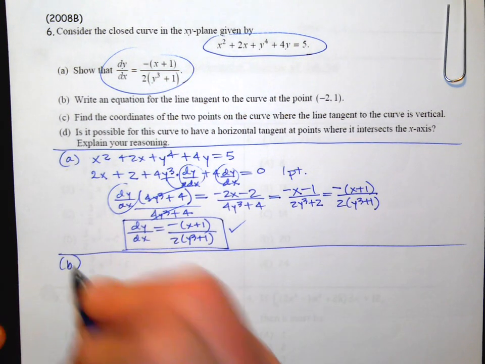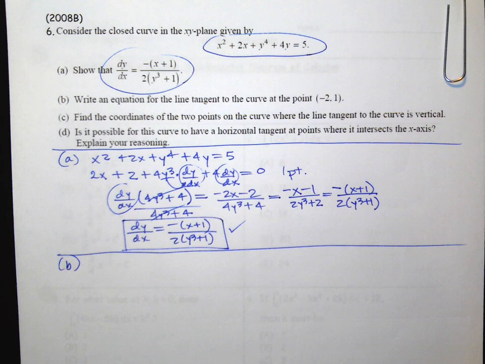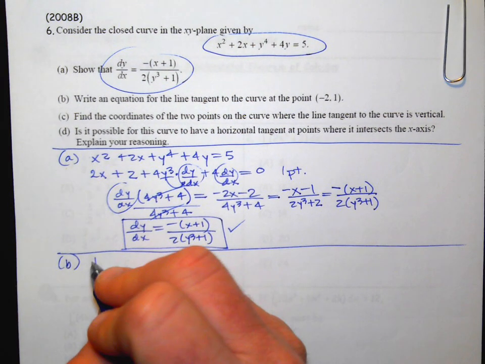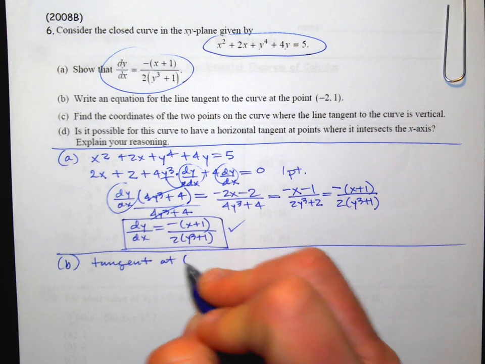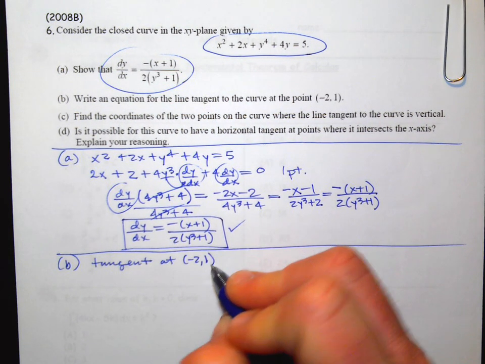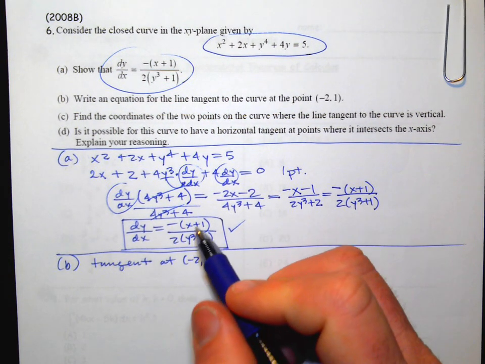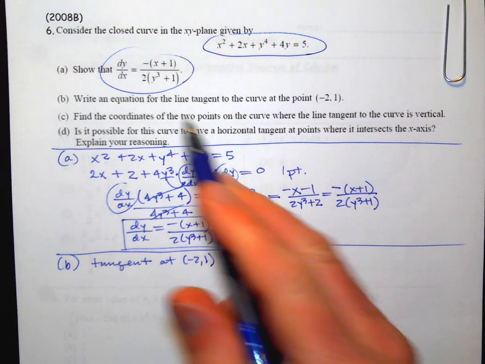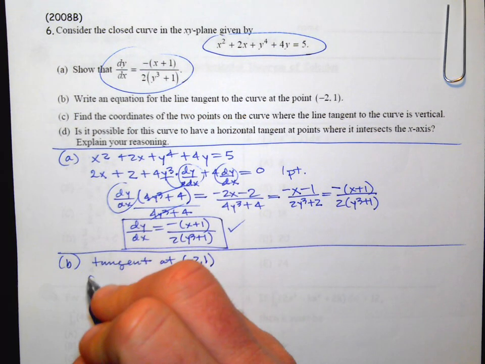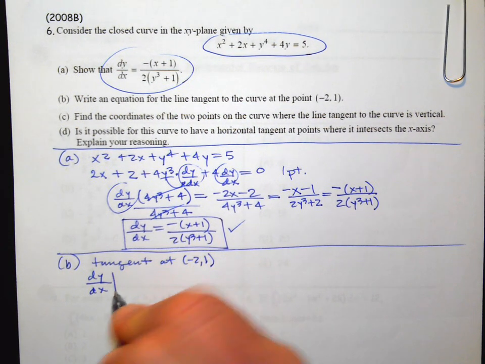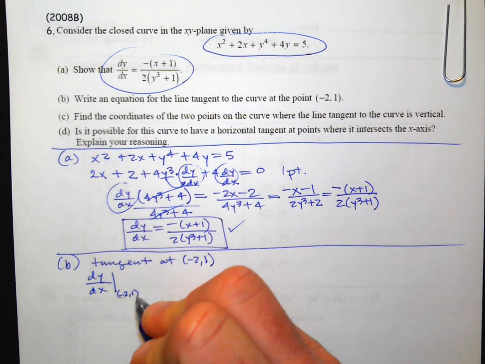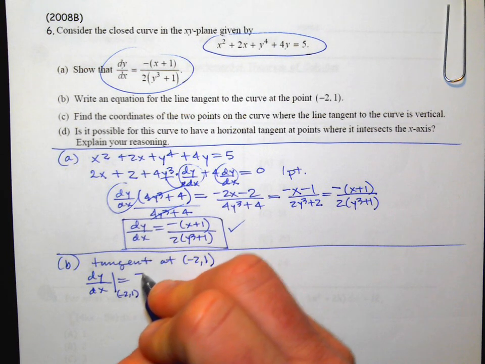Part B says, write an equation for the line tangent to the curve at (negative 2, 1). Now you need the slope to do that, but you could have totally skipped part A and just used the slope they give you, right? That's how we find the slope, is use dy/dx. Now we need an x and a y value for this formula, right?